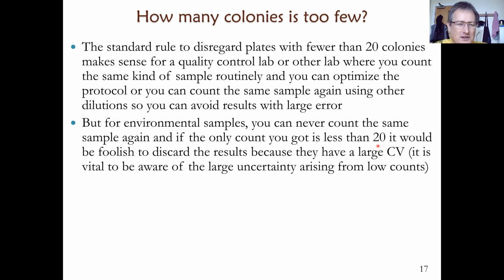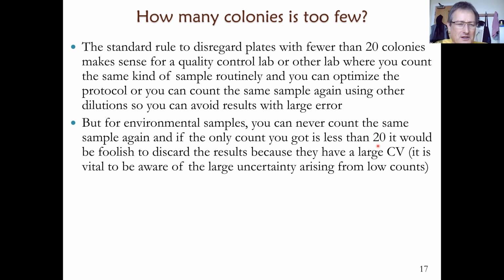Since there are not too many colonies on the 1 to 10 dilution, you can count all the plates. Because the count here is low, you would disregard the counts from the higher dilution, just count the 1 to 10 dilution and ignore the 1 to 100 dilution, despite the fact that this contains information. There are counts, but we're ignoring them. That's the standard procedure.